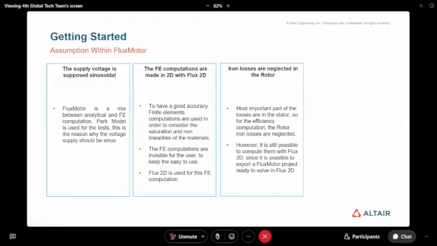The finite element computations are done behind, and they are invisible to the user. So you are not dealing with the mesh and so on. And the limits of this mix of analytical and finite element computation are really due to the limits of Park, because the Park model is applied with the fundamental only.